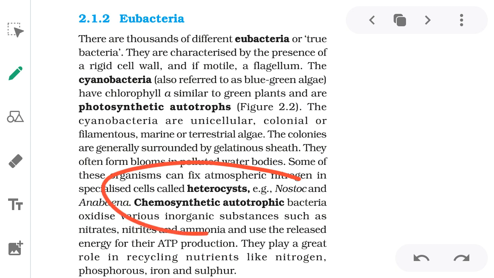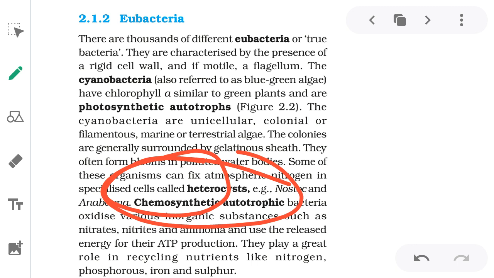Chemosynthetic autotrophic bacteria. Chemosynthetic means the formation of their food in the presence of chemicals. These are the type of bacteria which make their food in the presence of chemicals. Bacteria oxidize various inorganic substances such as nitrates, nitrites and ammonia and use the released energy for their ATP production.